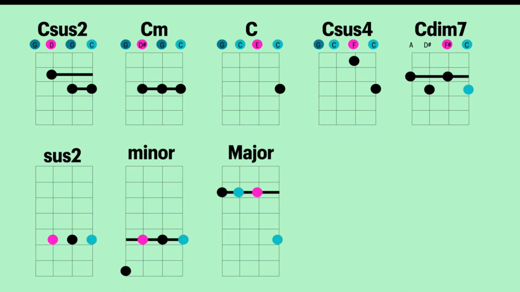So for the sus2, we'll take these 3 minor chord notes and flatten the floating note to a 2. And you can bar these like we did before. And don't play the bottom string. Or you could bar this just like we were barring the major chord on the same fret.